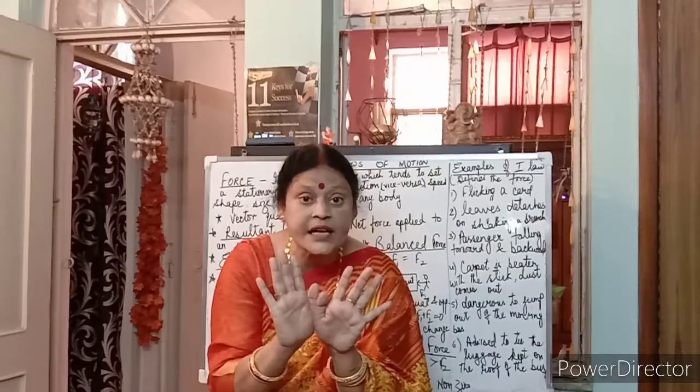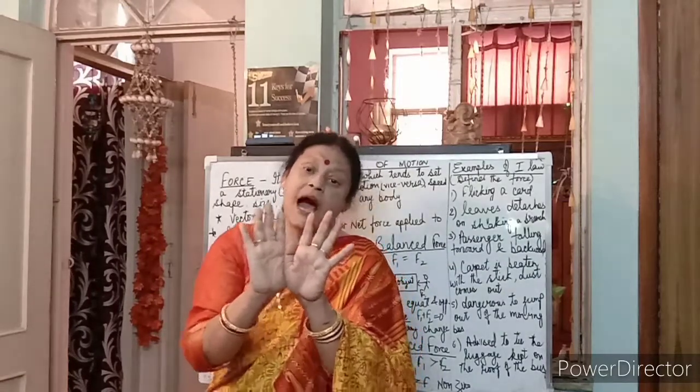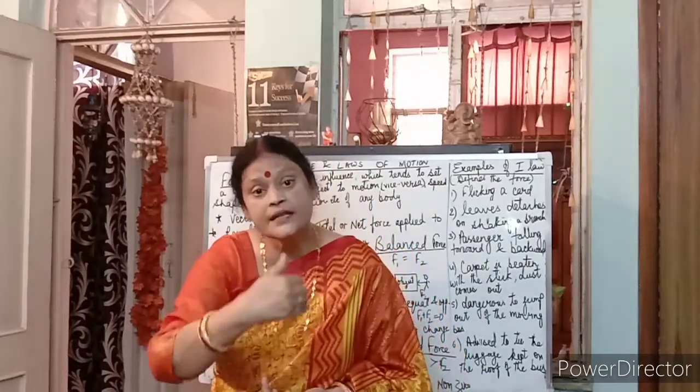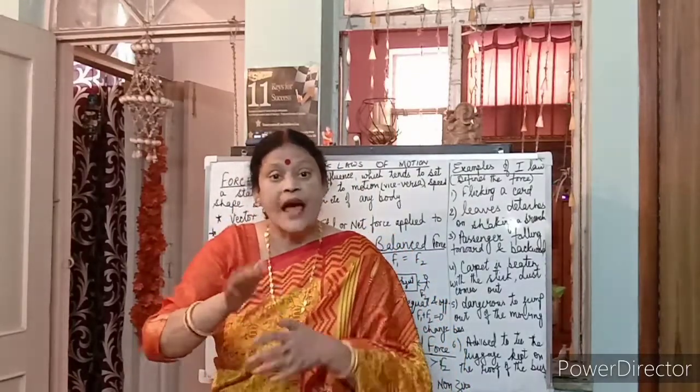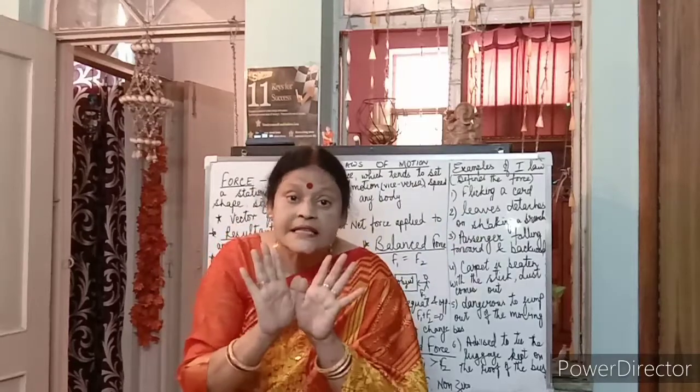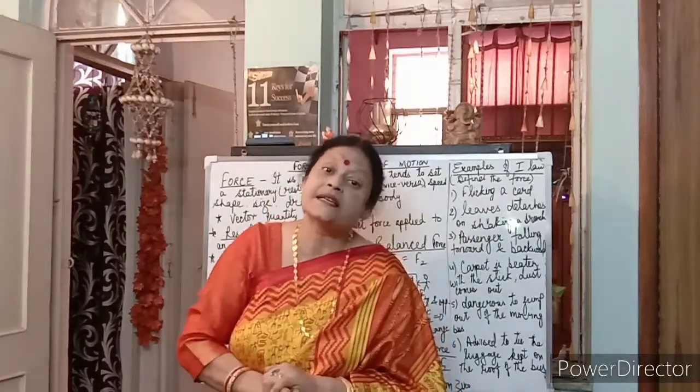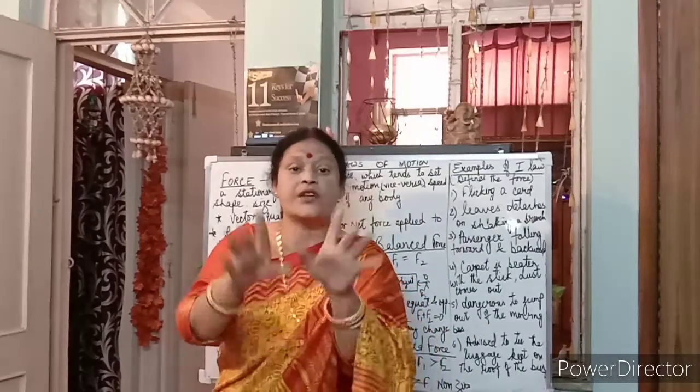Both the forces are equal but opposite. I am standing on this side of an object and that boy is standing on the opposite side. When both are applying the same force, equal and opposite, that means balanced force will apply.